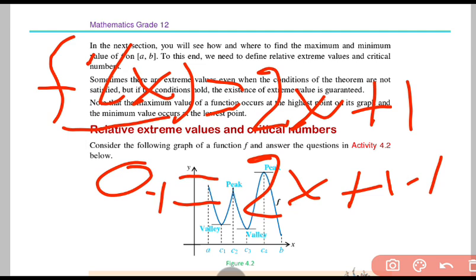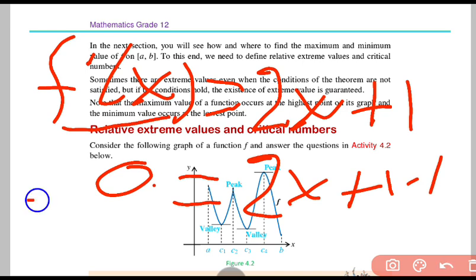Because you know this, we don't write minus 1 like this. This is wrong. We have to be careful.